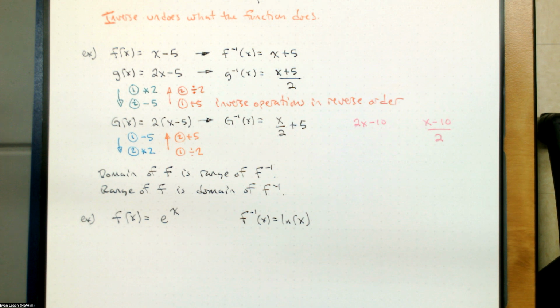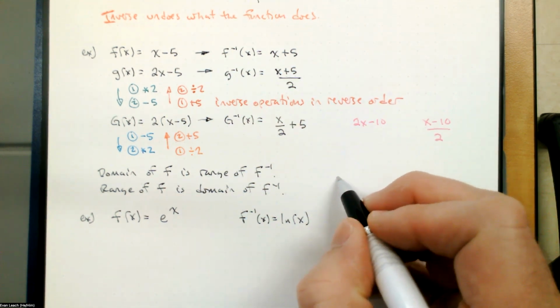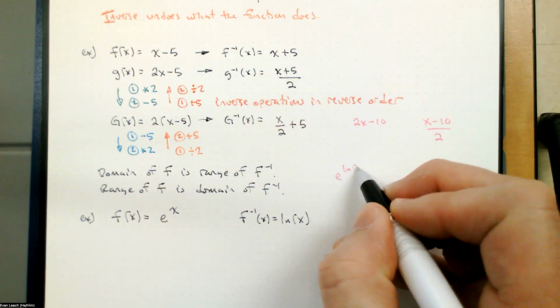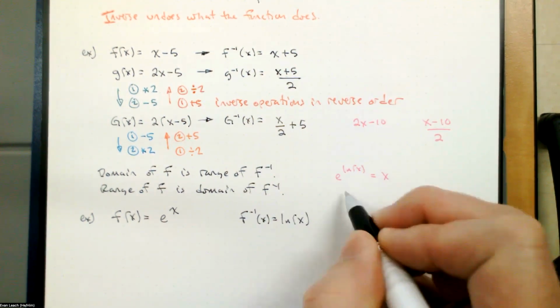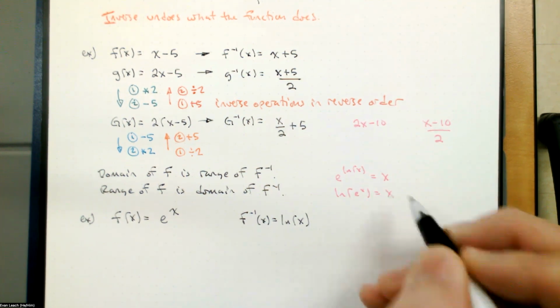Natural log of x is the exponent, the power of e that's equal to x. So if I write e to the natural log of x, that's just x, and the natural log of e to the x is x.